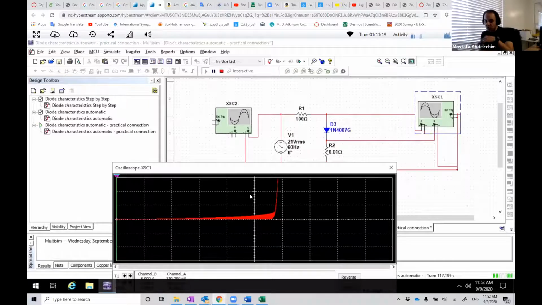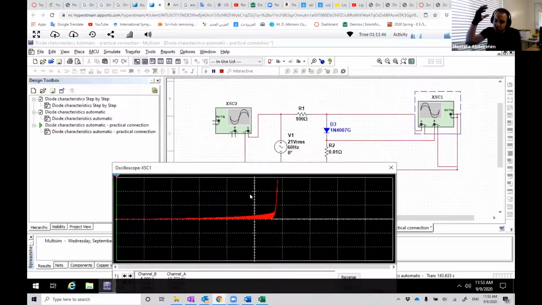So the voltage on the vertical axis of channel B is not the same as the current, as we saw previously in experiment number 2 or in Ohm's law experiments. It is just the voltage across R2, and to convert the voltage to current, we must divide by the resistance value.